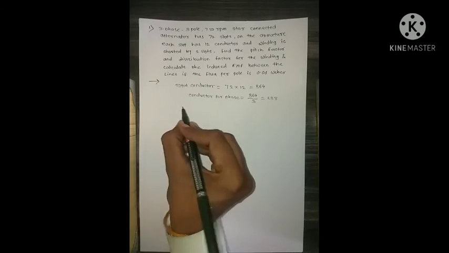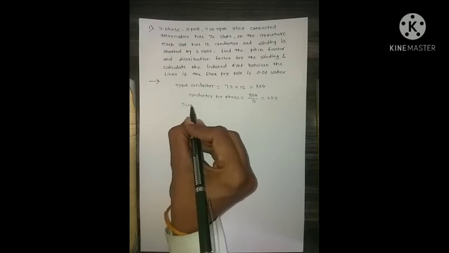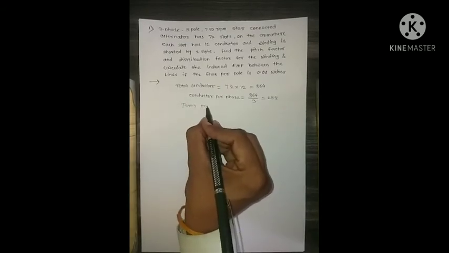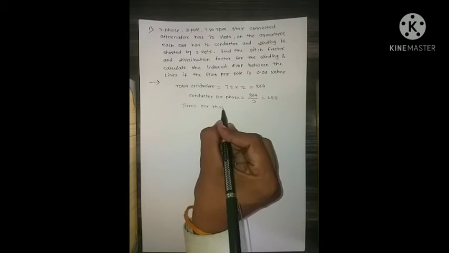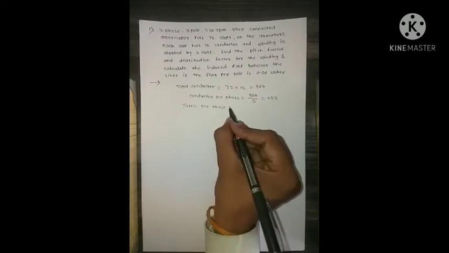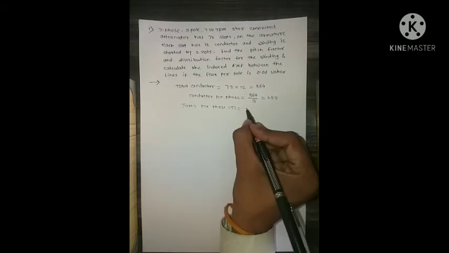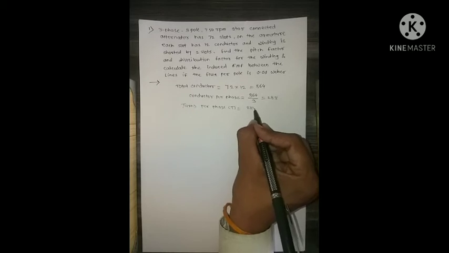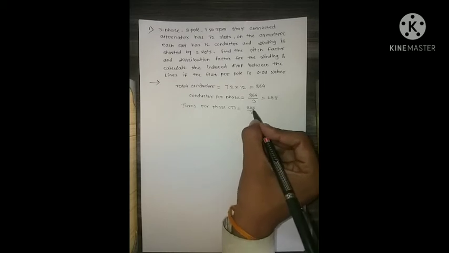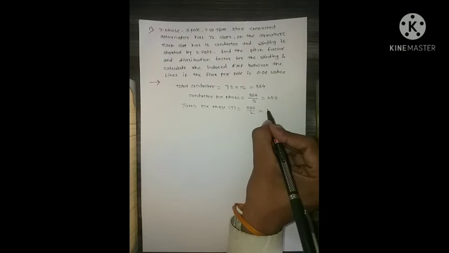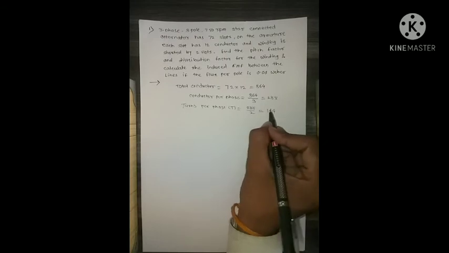Now we have to calculate the turns per phase, which we name as T. The turns per phase is 288 divided by 2, and the turns per phase is 144.